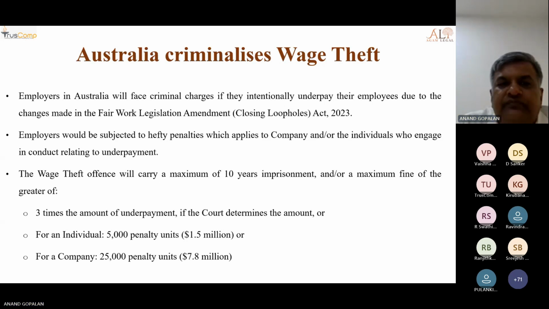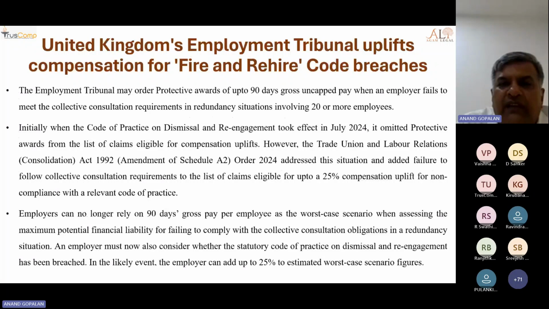There is the Trade Union and Labour Relations Act of 1992 in the UK, which provides for a mechanism where there should be a dialogue between the employer and employee if they were to retrench or make employees redundant, to look at different aspects. There's a 90-day time frame, or the time frame depends on the number of employees to be sent out.